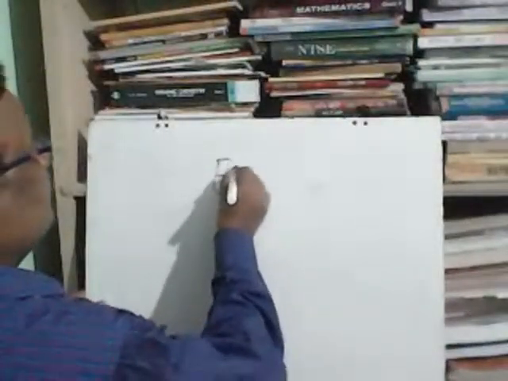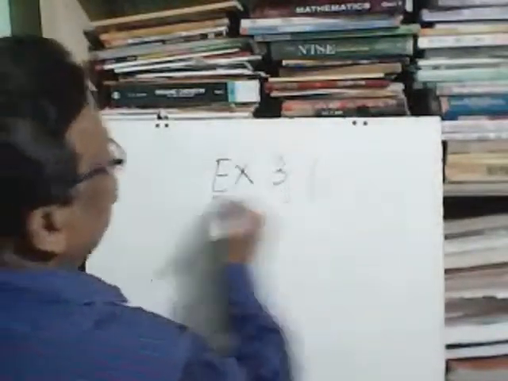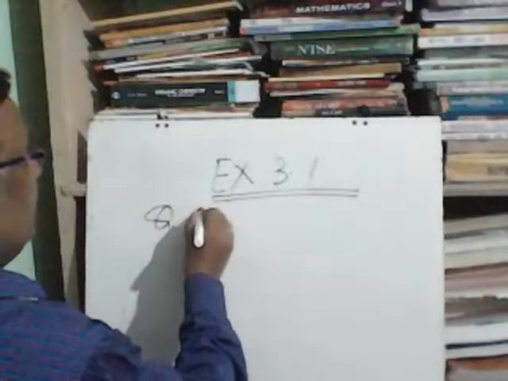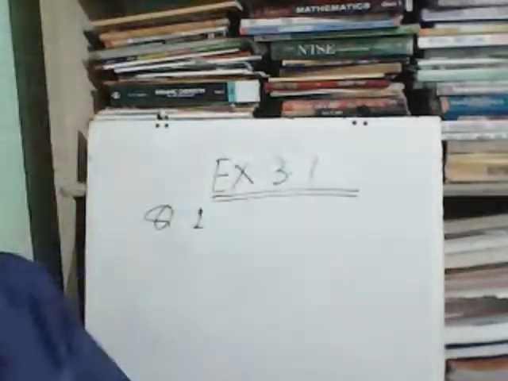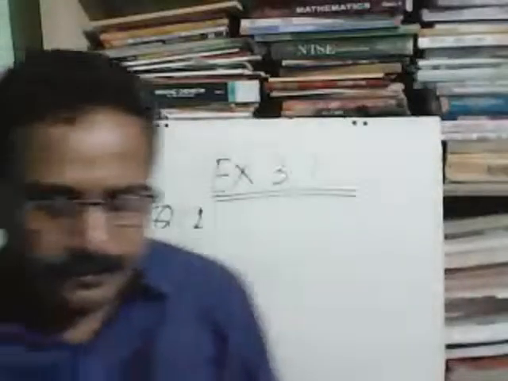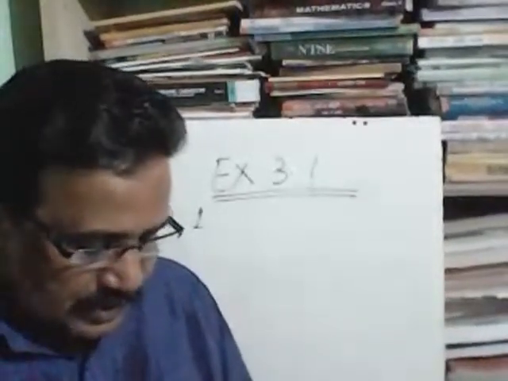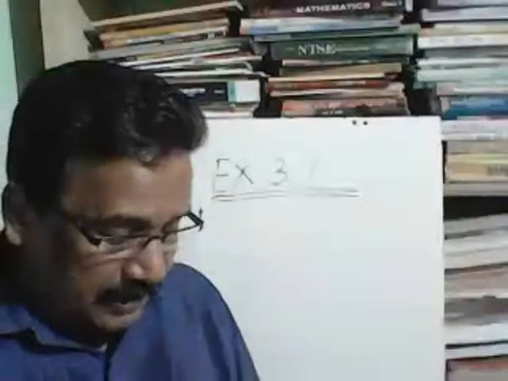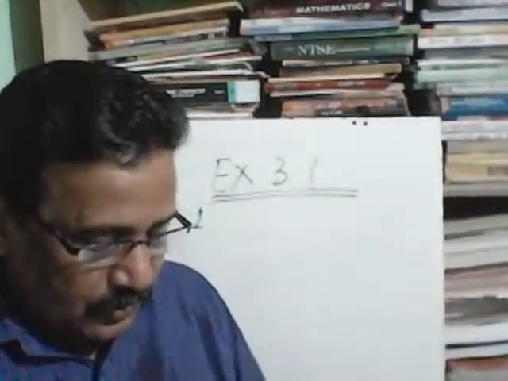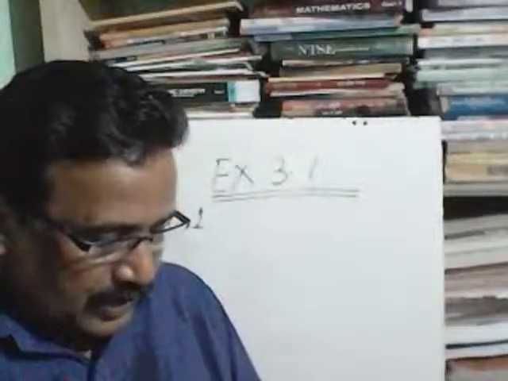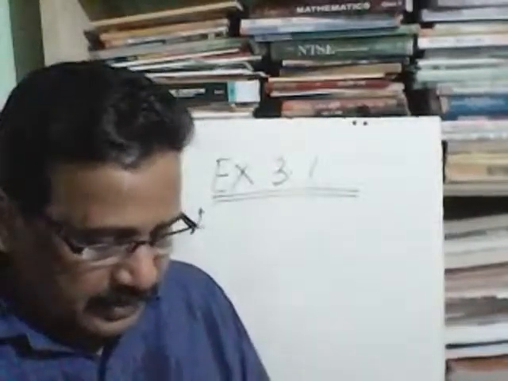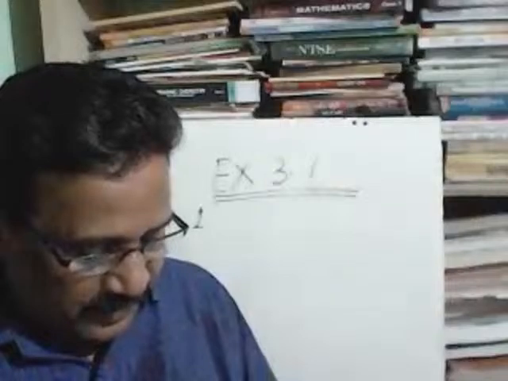Question number 1 is written: Aftab tells his daughter, 7 years ago, I was 7 times as old as you were. Also, 3 years from now, I shall be 3 times as old as you will be.